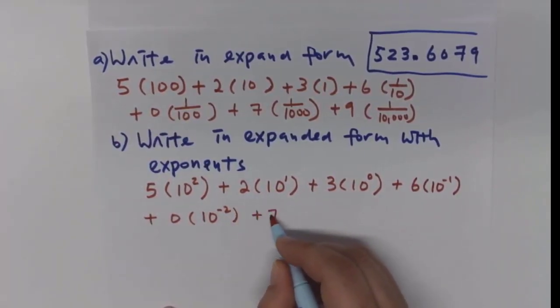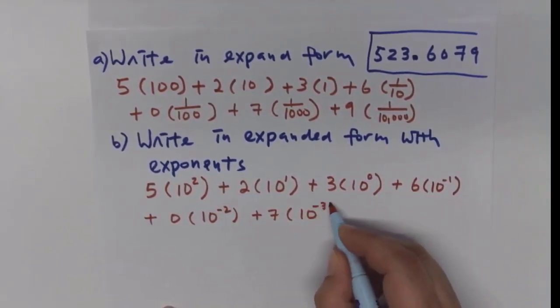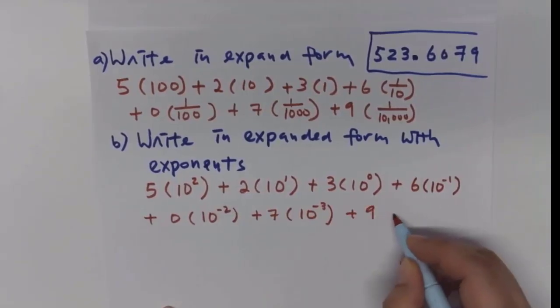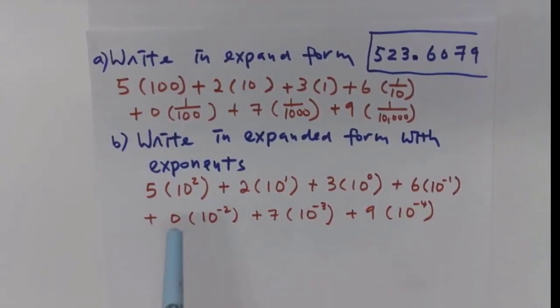And then 7 times 10 to the negative 3, and 9, 10 to the negative 4. So they just go in descending order, right? 10 to the 2, 1, 0, negative 1, negative 2, negative 3, negative 4. Okay? You have a homework question like that.